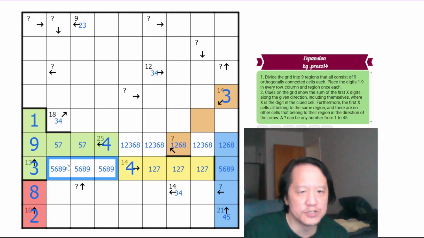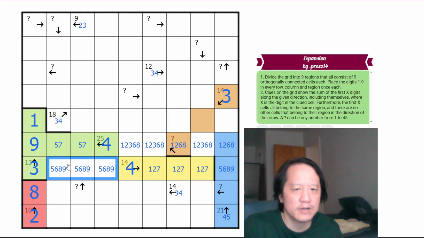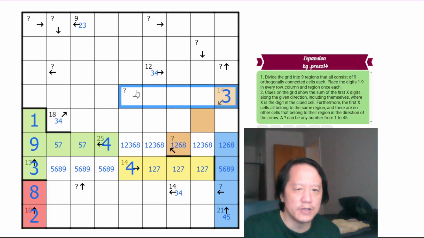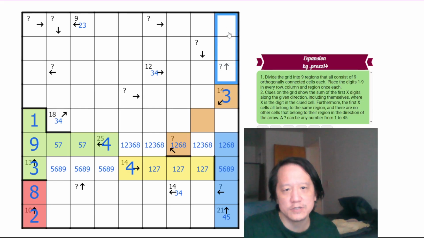Of these digits, the only digits that can be green are 6 and 8. But that's still a wide variety. This can't obviously see 8 cells this way. This can't be 3, cannot be 4. Okay, so each of these digits can go a certain amount. So this can't go 3 digits.